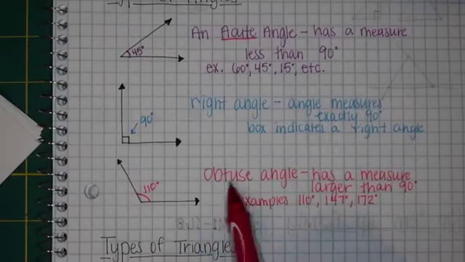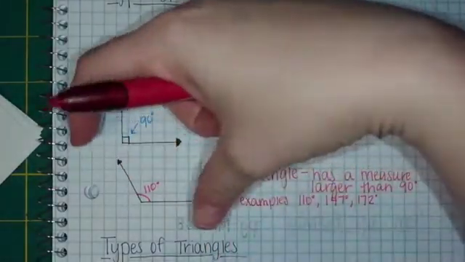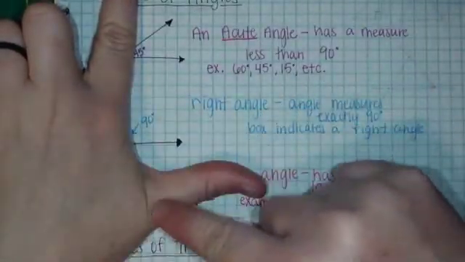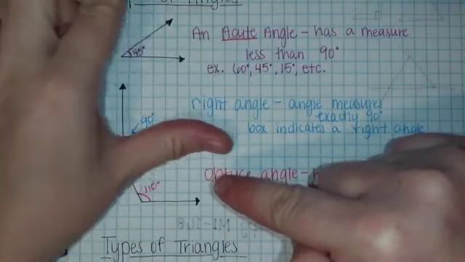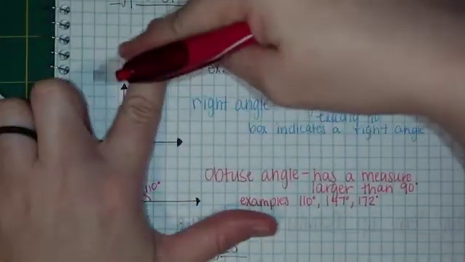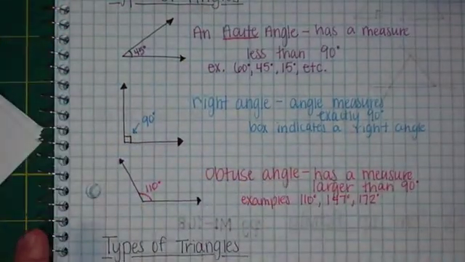So it's obtuse, obese, I don't know. It's just wider, it's bigger. So I think about it as an L. So if I make an L, and it's a perfect L, that's a 90 degree. If it's smaller, like if the L piece is moved this way, it's acute. If it's moved this direction and getting bigger, it's obtuse.